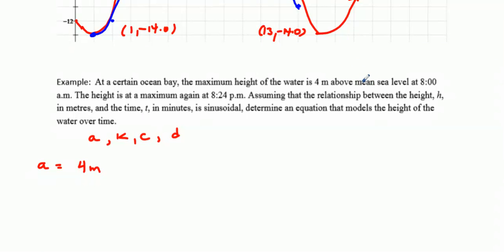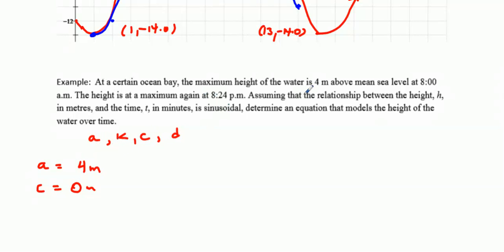And so you know that the sea level is like your equilibrium, your equation of your axis. So you know that A is 4, and you would know then that your minimum would be at -4. So we don't even have to do a calculation here. We know that our A is 4 meters and our C is 0 meters, right? At the equation of the axis, we are at 0. Okay, so that's our A and our C.